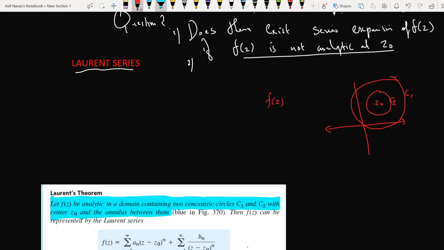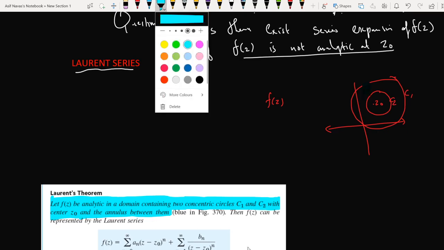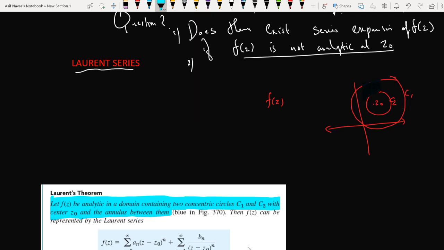So we need the function to be analytic inside this annular region. So here the function should be analytic.